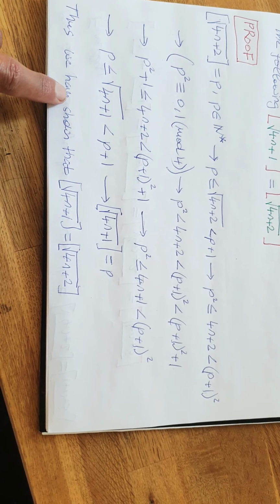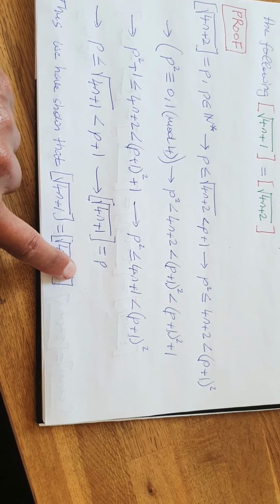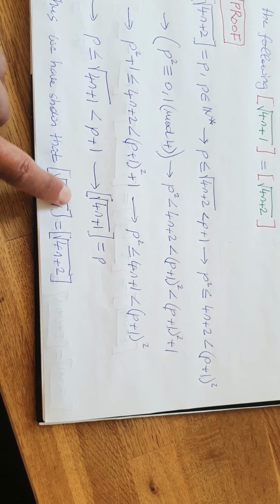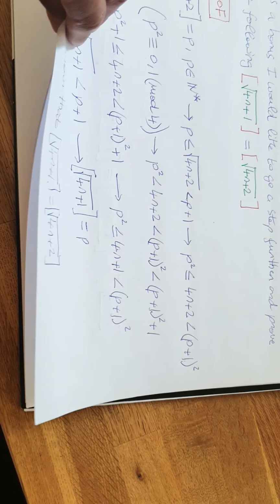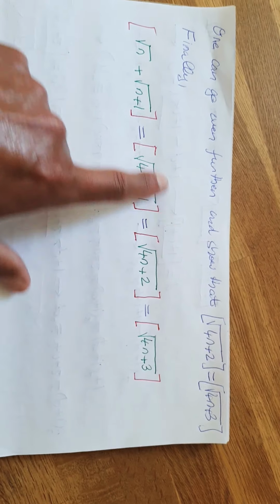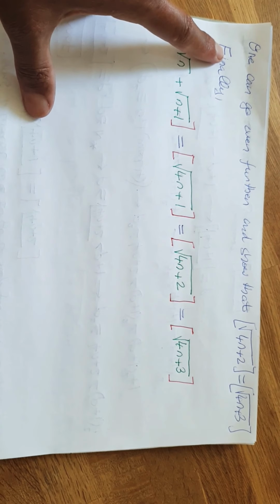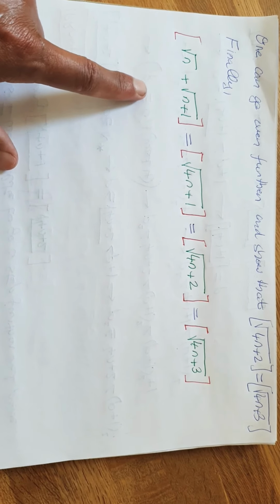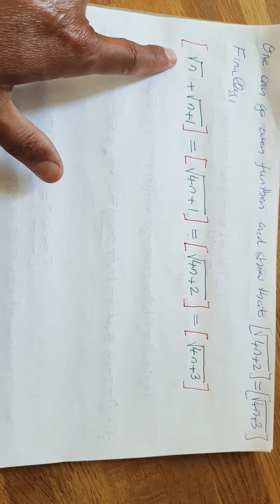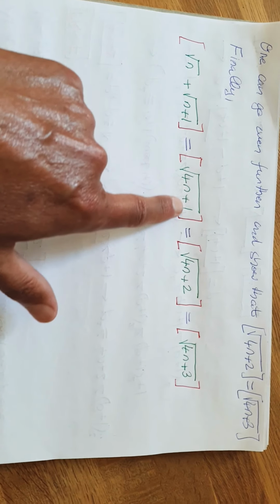So thus, we have proven that those two are equal. And we can go even further and prove that those two are even equal. So finally, we have proven this wonderful, beautiful equality.